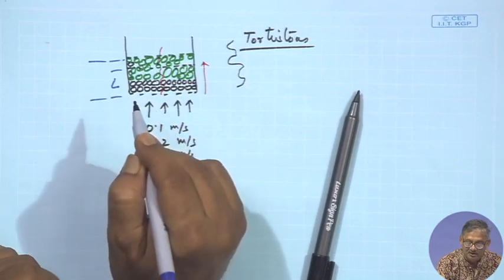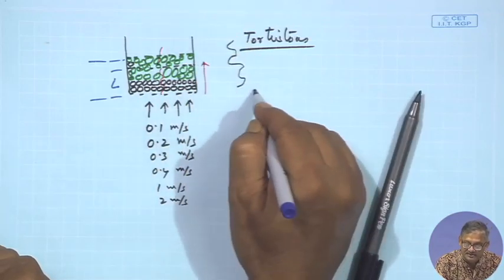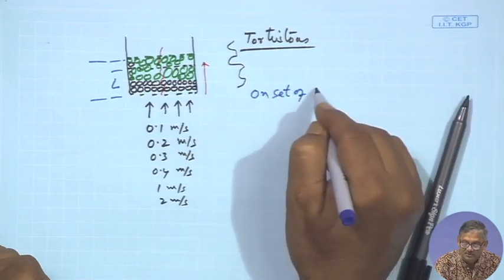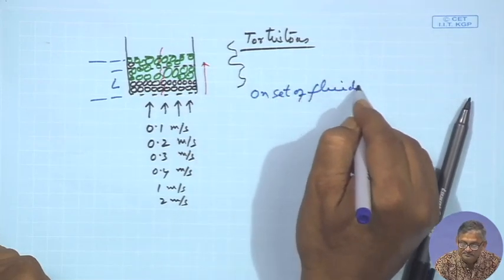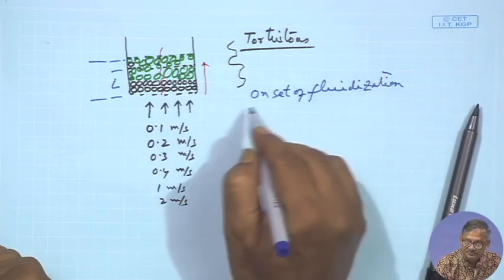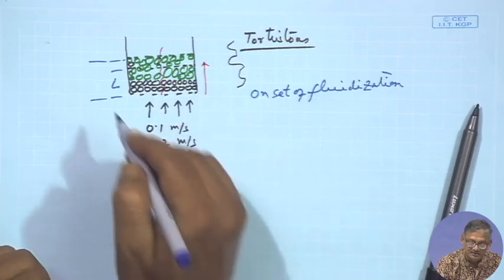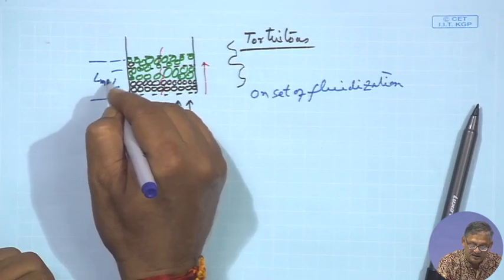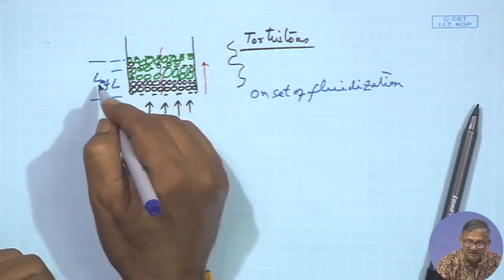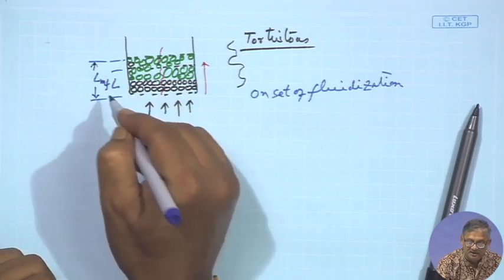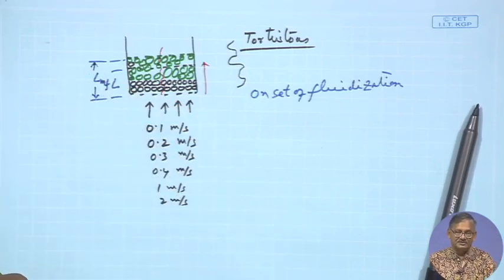When the onset of fluidization occurs, this height will change to L_MF. That is called the length under minimum fluidization velocity.